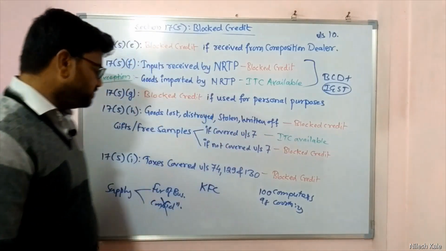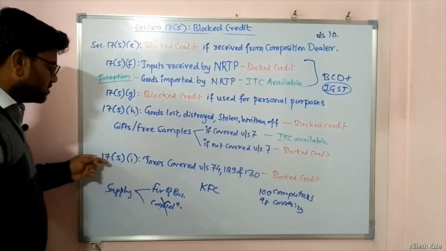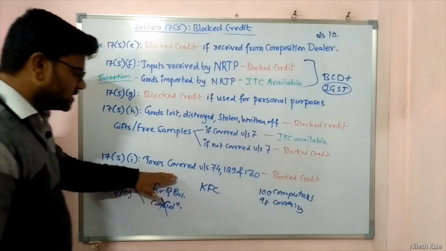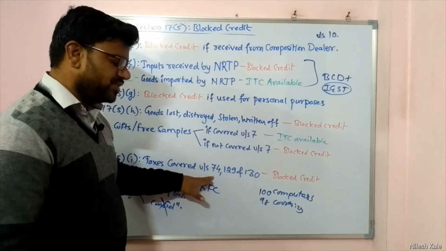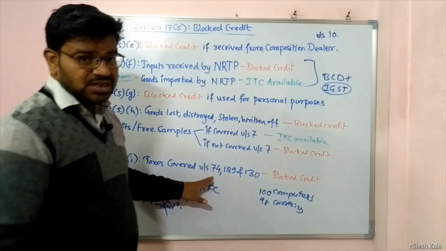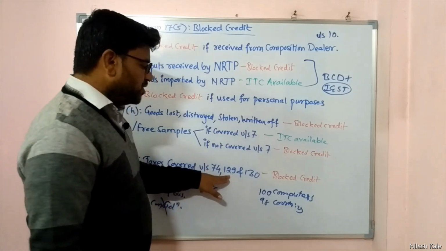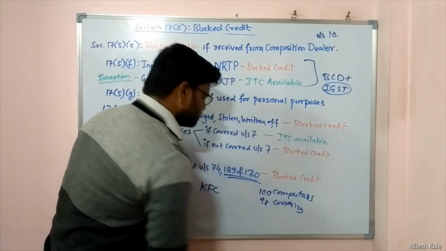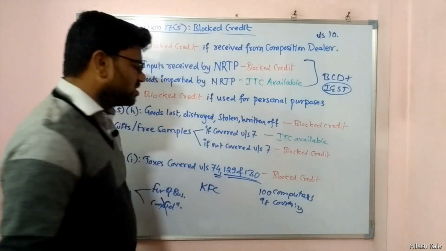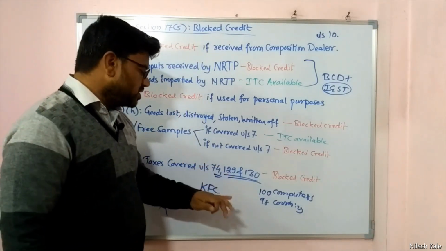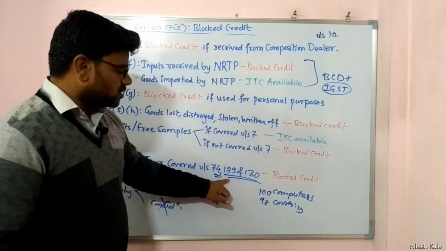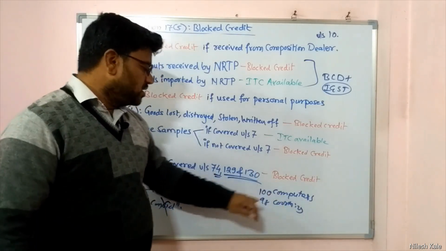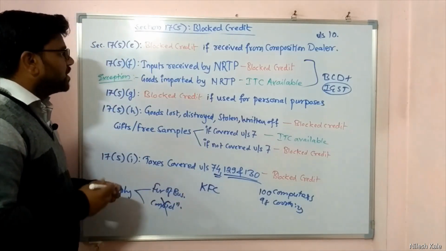Now the last point, section 17 subsection 5 clause I says taxes. If the taxes are covered under section 74, that is fraud, confiscation, and 129 and 130, these are penalty sections. If a GST officer says you have to pay the taxes in these sections, then it is blocked credit, right? This is all about the blocked credit.